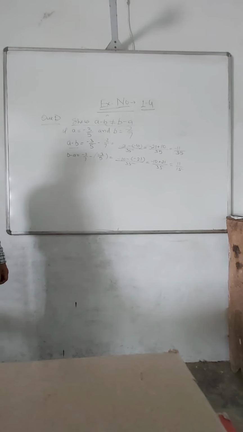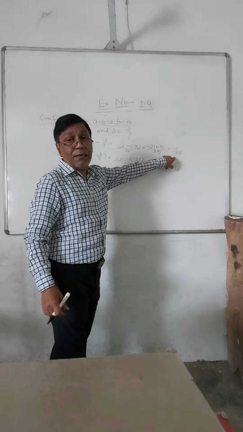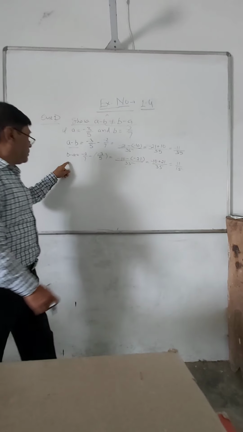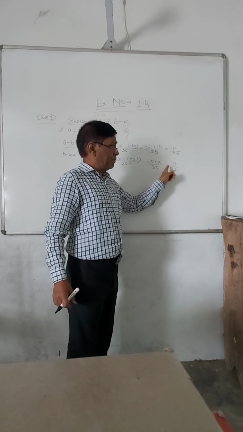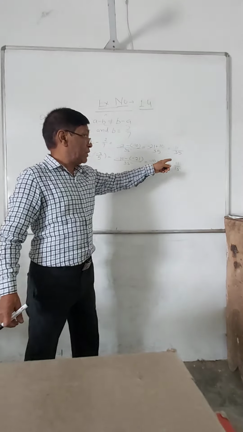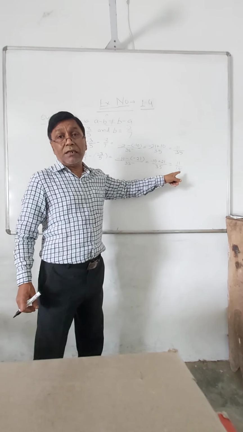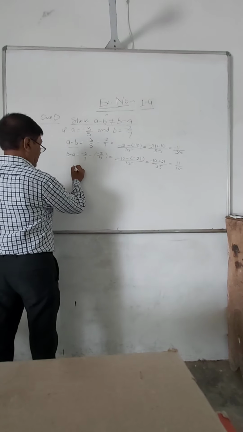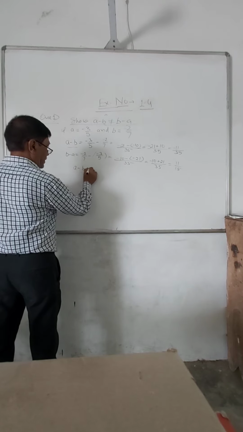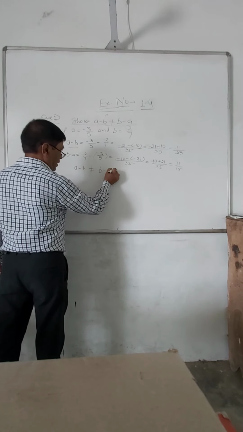Now the value of a minus b is coming minus 11 upon 35 and b minus a is coming 11 upon 35. So these values are not coming equal. Therefore, a minus b is not equal to b minus a.